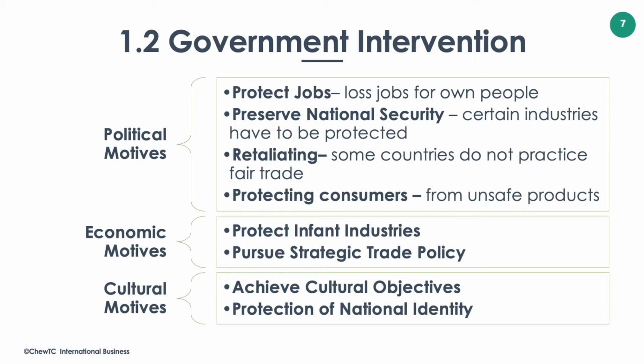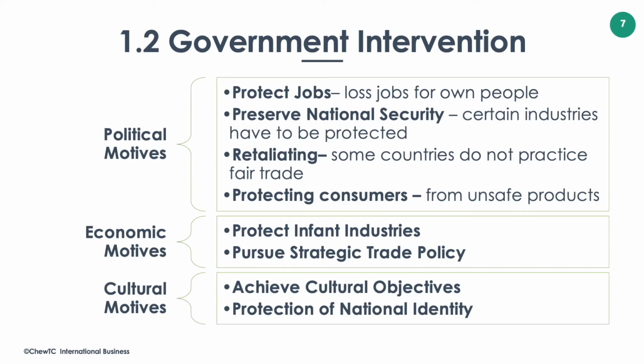Perhaps the most common political argument for government intervention is that it is necessary for protecting jobs and industry from unfair foreign competition. Competition is most often viewed as unfair when producers in an exporting country are subsidized in some way by their government.